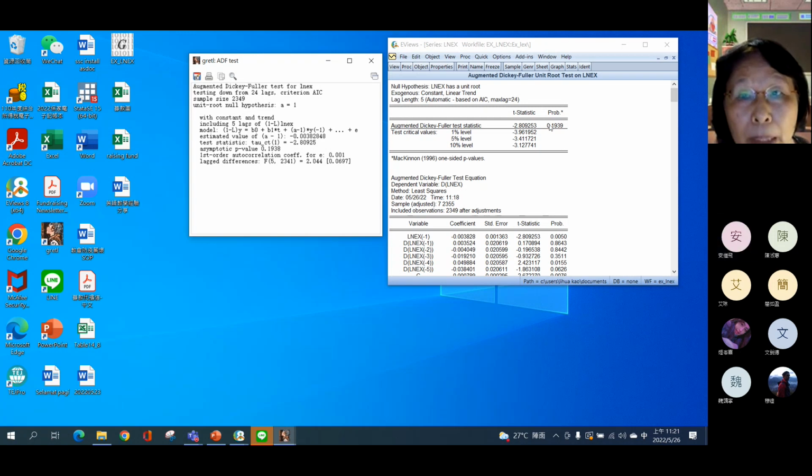Although the statistic is the same, this is based on different critical values, the tau test instead of the t-test. So the probability is different from the t-tables. So look at the upper part here. Do not look at the lower part, the second part here.